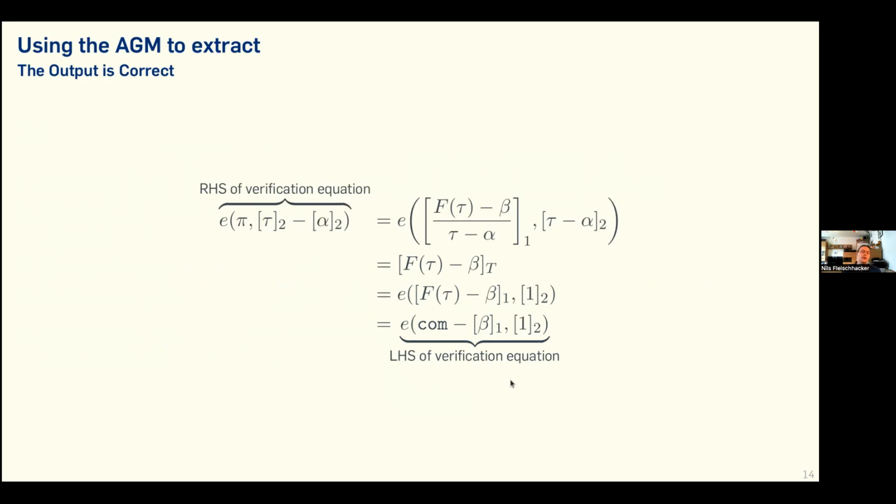And therefore, that means that the verification equation actually holds if we output this proof pi. So that means if the condition is satisfied, then our output is correct. But the question remains, what is the probability that the condition is satisfied?